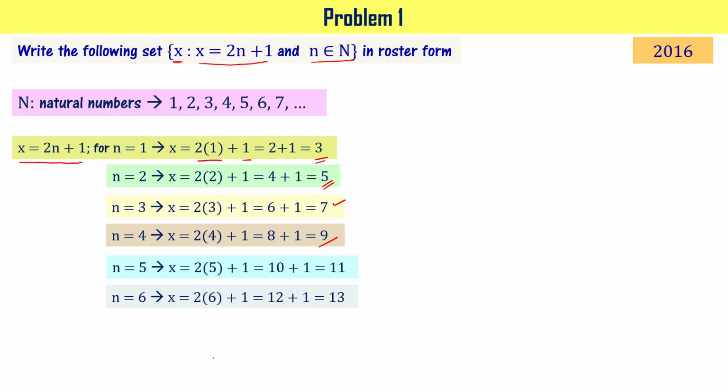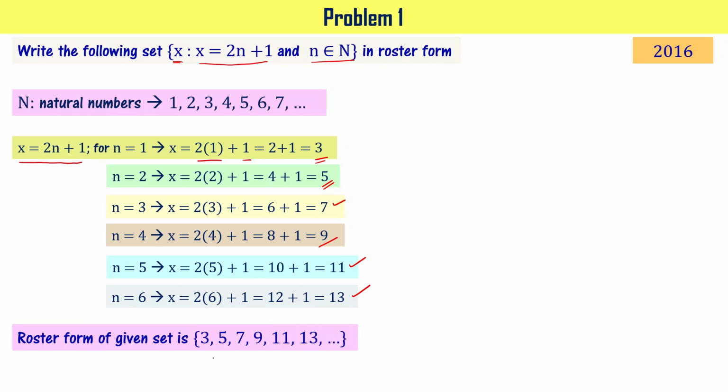It means 13 is another element of the set and 11 is another element. Now let's write the given set in the roster form. It is going to be a set of elements 3, 5, 7, 9, 11, 13 and so on. This is what we are asked to write.